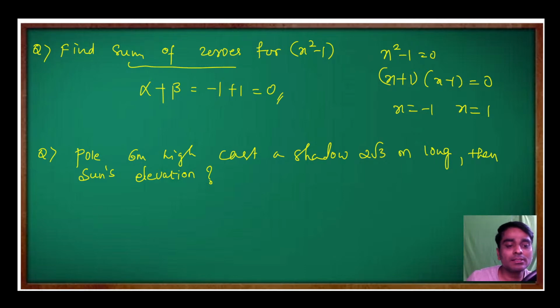You can draw like this. Pole is 6 meter high and the shadow is 2 root 3. Find theta.